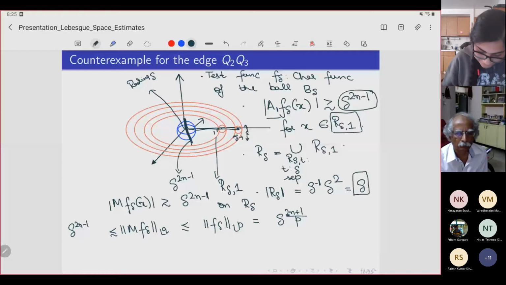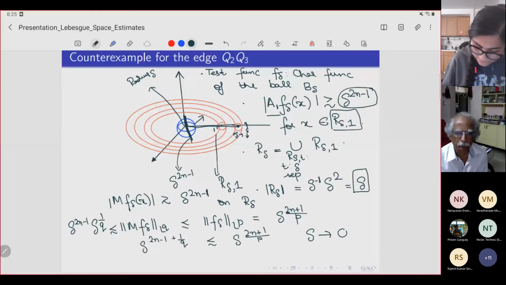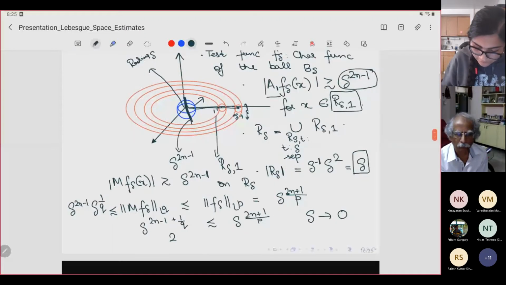So then the inequality I get is delta to the power 2n minus 1 plus 1 over q is, let me see, yeah, less than or equal to delta to the power (2n plus 1) over p. And as I said, think of delta as small. As we take delta going to 0, the condition we get is 2n minus 1 plus 1 over q is greater than or equal to (2n plus 1) over p.